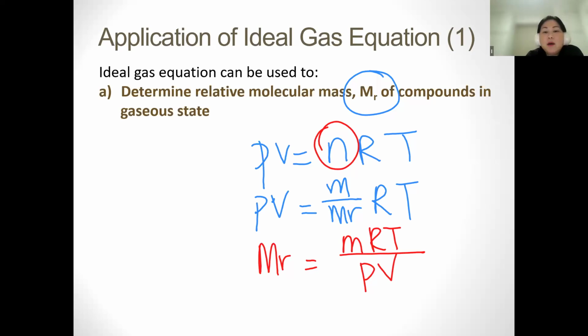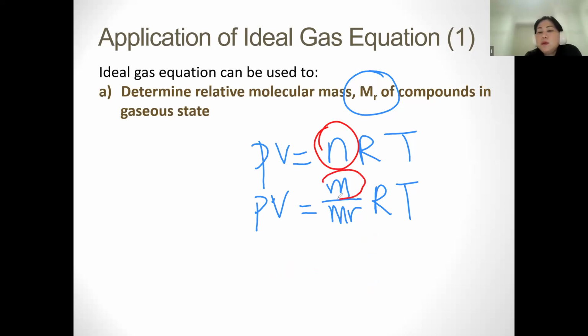Okay, so we can find Mr. Now, besides Mr, what else can we find? So you do see a term here known as mass. And we also see we have a term here, volume. So what do we learn about density? Density is mass over volume. So can we make m over V on one side?